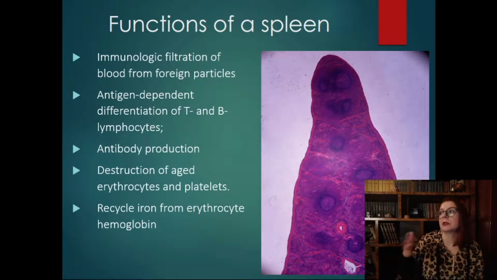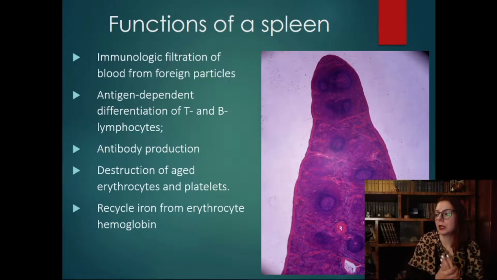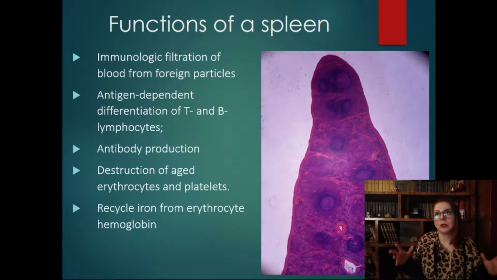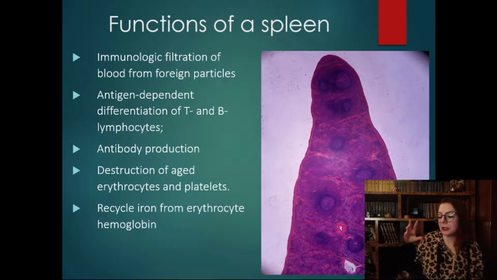If we compare with some animals, for example horses or some large cats like tigers, when they are running very quickly, the horses, for example, could obtain up to 40% of red blood cells from their spleen.